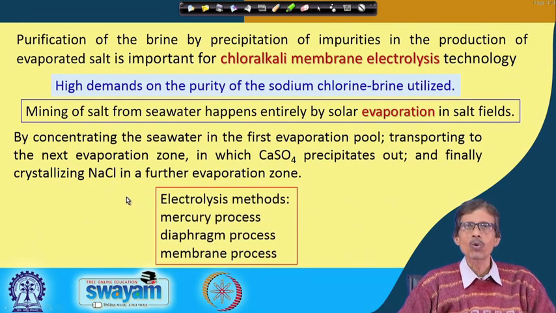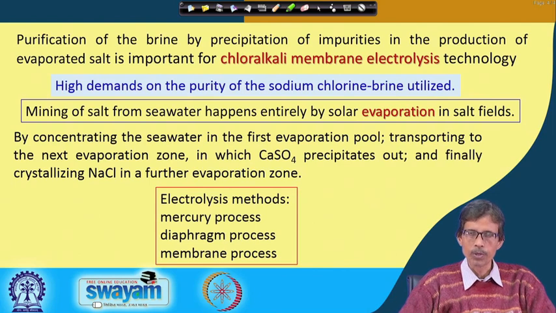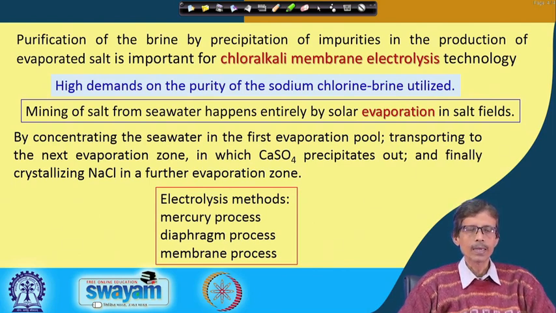So, taking that sodium chloride in your hand, you now have a good supply of the raw material, the purified sodium chloride, reasonably pure in your hand, and we can use the electrolysis technique.